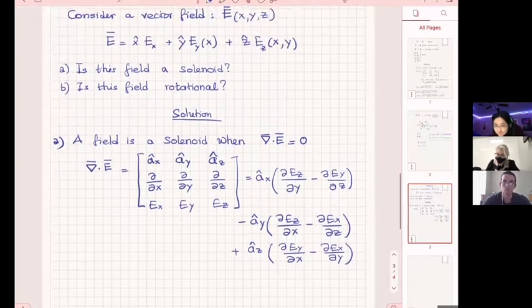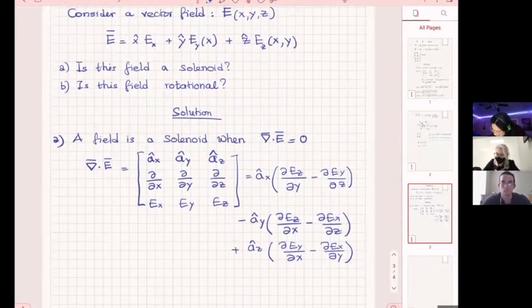What I have given is that E sub x is constant, so I will call this E sub x naught. This is a function of x, this is a function of y.